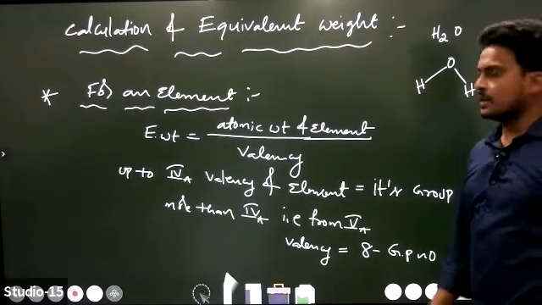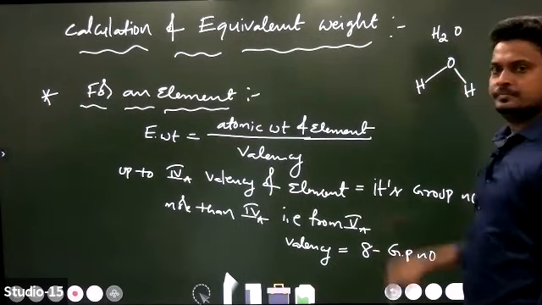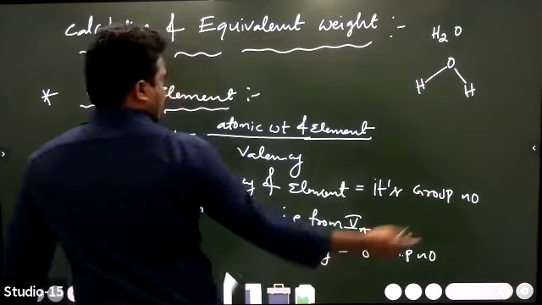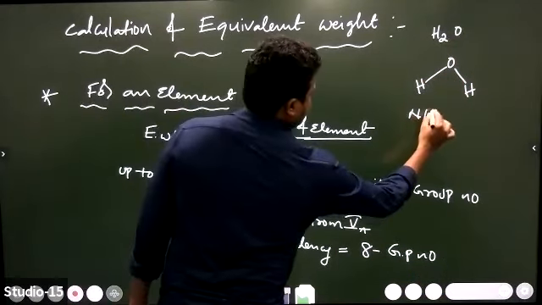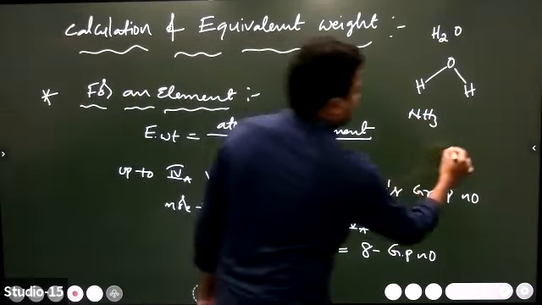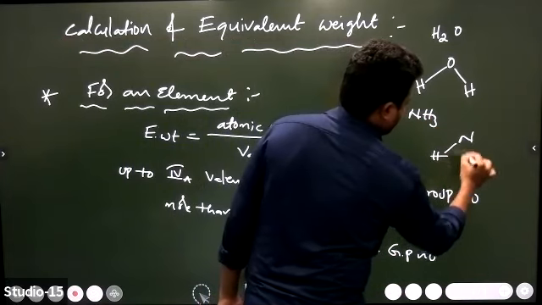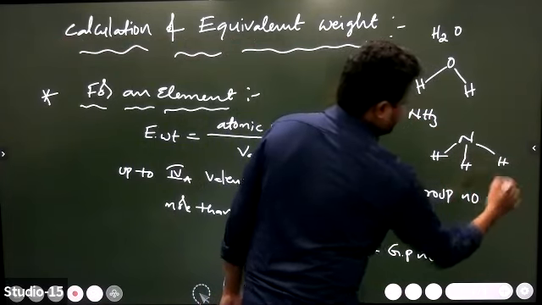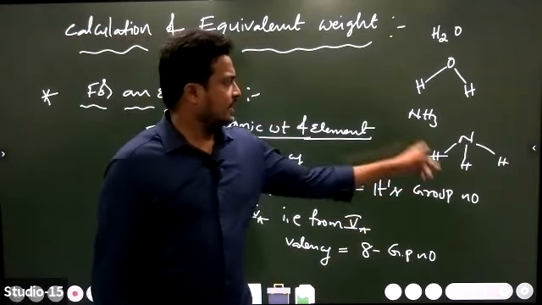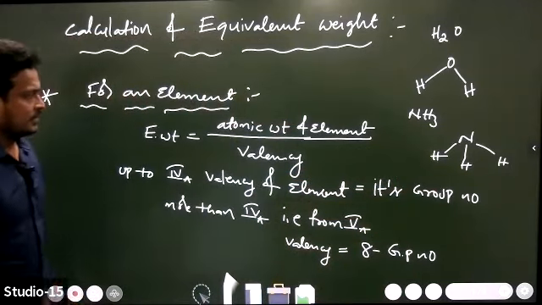So the combining capacity of oxygen in H2O is 2, that is, valency is equal to 2. Take ammonia, NH3. Around the nitrogen, how many hydrogens are there? 3 hydrogens. So the valency of nitrogen is 3 in ammonia. Copy up to here, Amma.